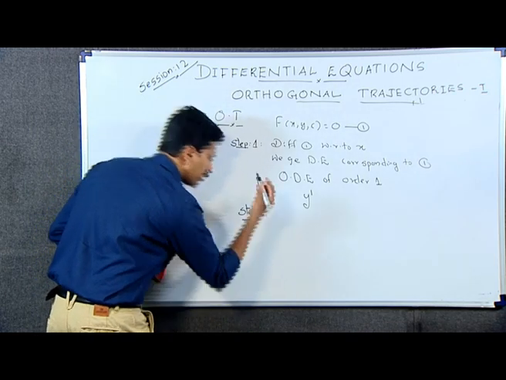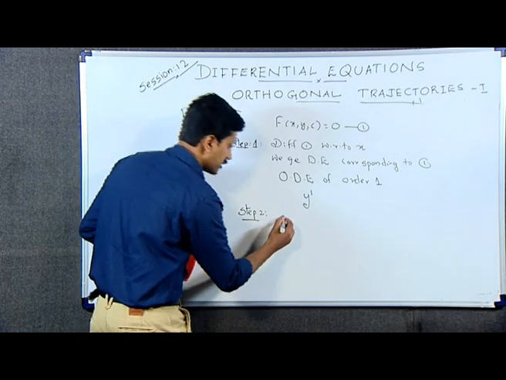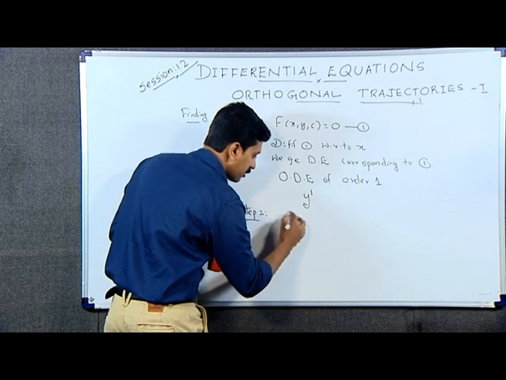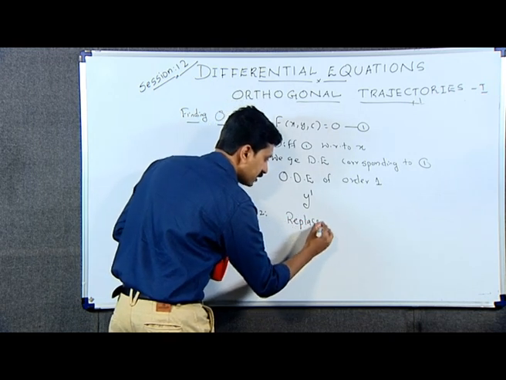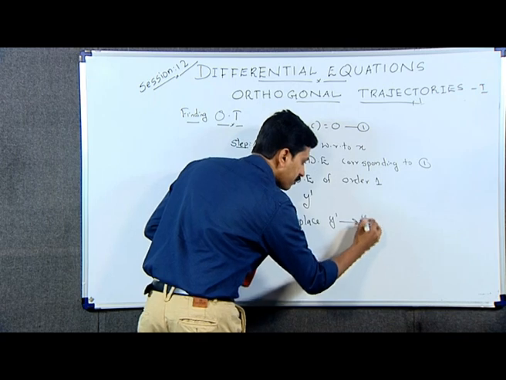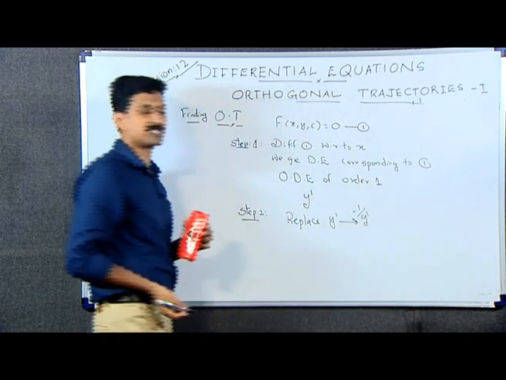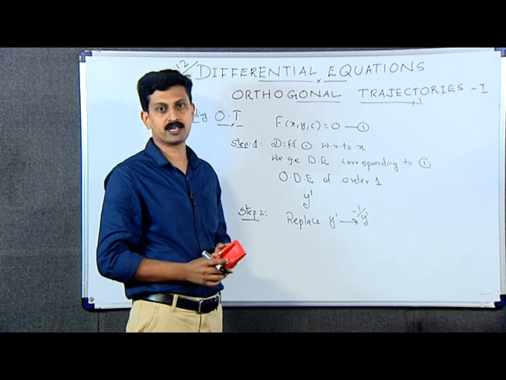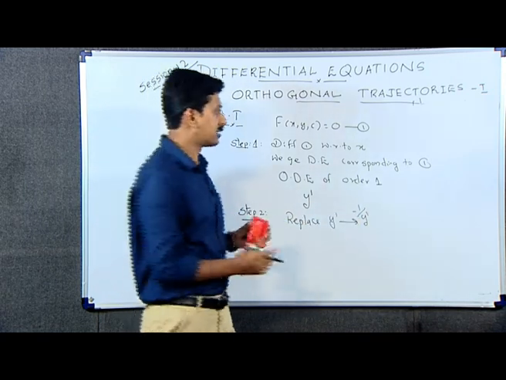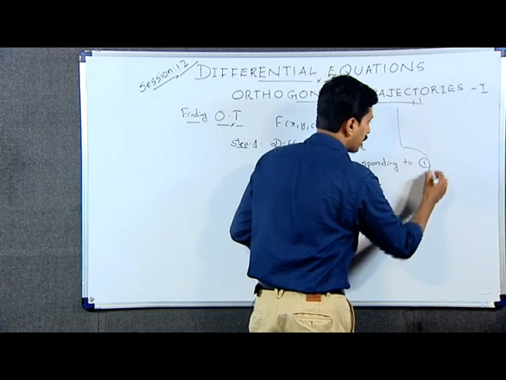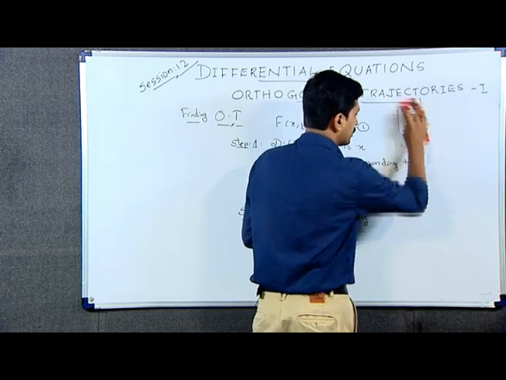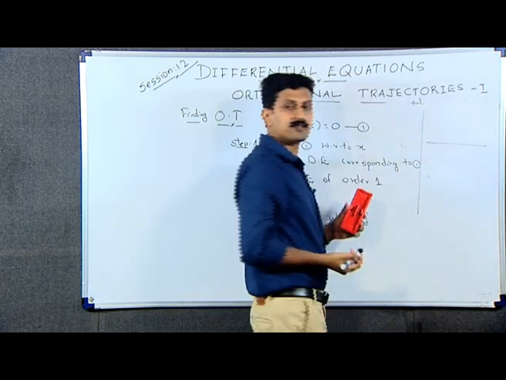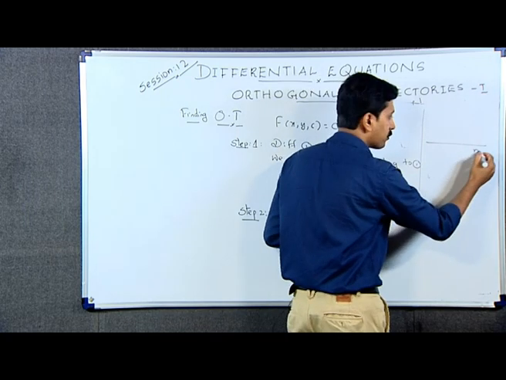In step 2, what we will do is replace y dash by minus 1 by y dash. Why are we replacing y dash by minus 1 by y dash? See, in straight lines we studied that a straight line has a slope m.